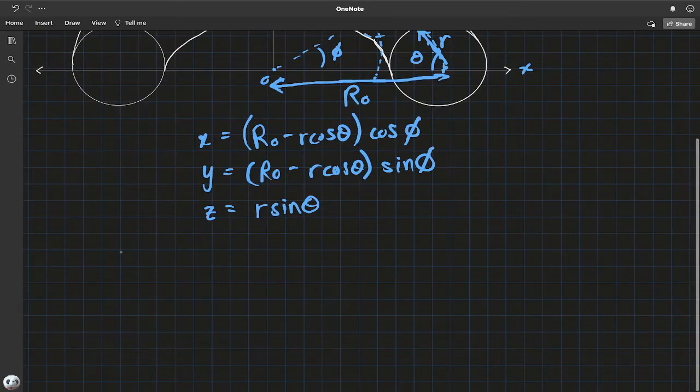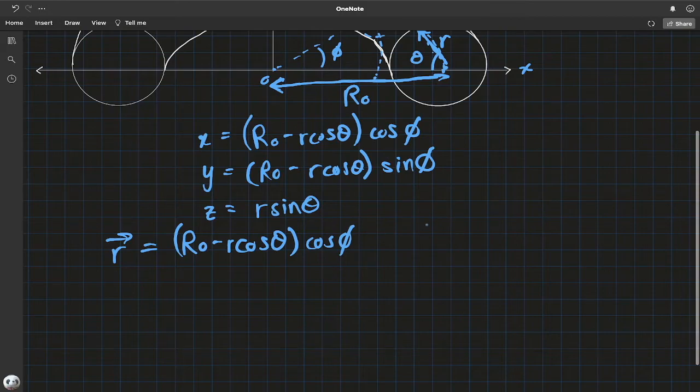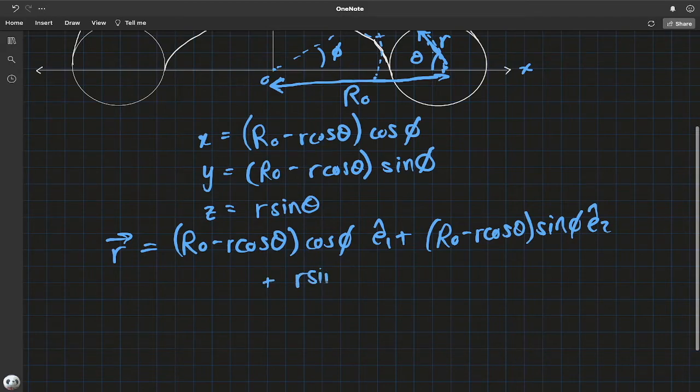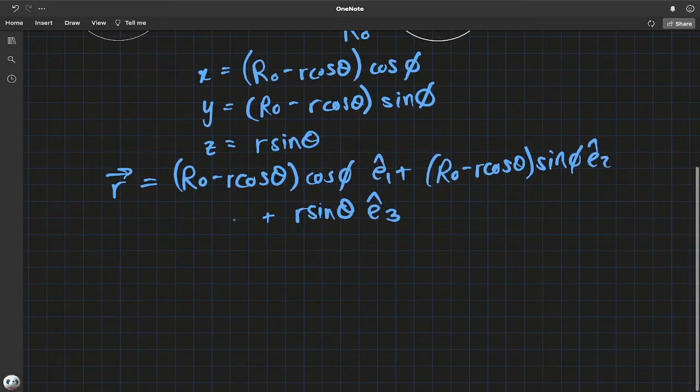Okay, again, define the position vector because we need to differentiate that. So r naught minus r cosine theta cosine phi e1 hat plus r naught minus r cosine theta sine phi e2 hat plus r sine theta e3 hat.